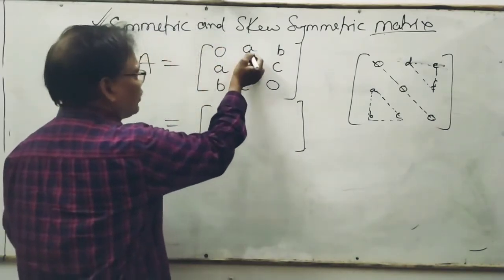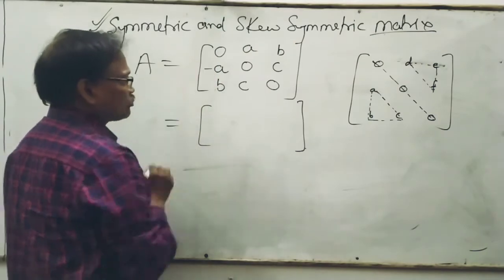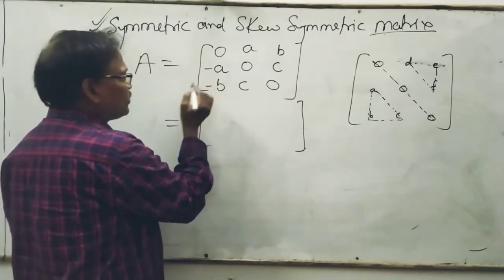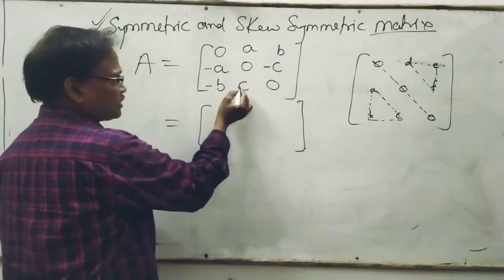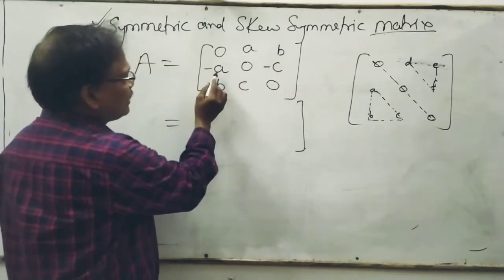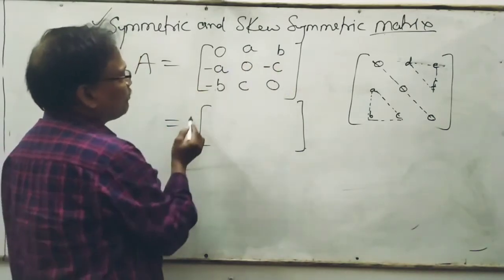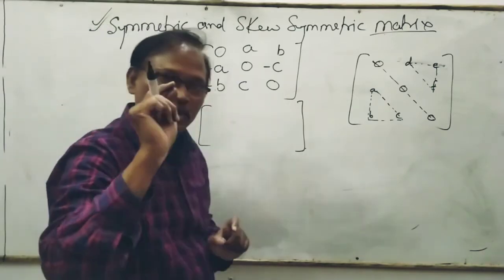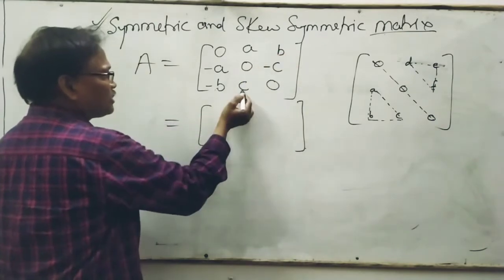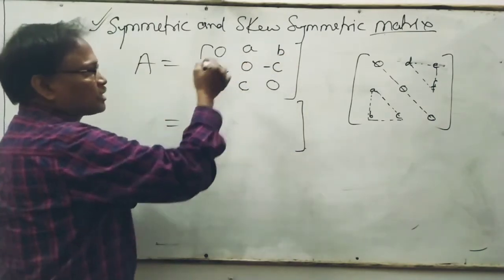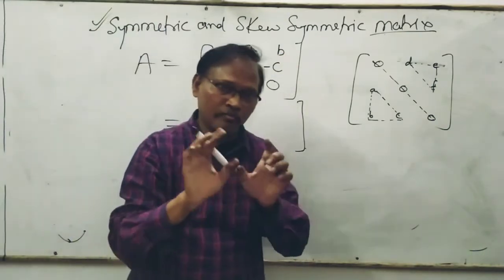For example, if A is there, then minus A should be here. If minus B here, then plus B here. If minus C here, then plus C should be here. मतलब ये कि these two are the same, but the sign will be opposite. जैसे minus B, plus B, C and minus C कहीं भी हो सकते हैं, but the sign will be opposite.